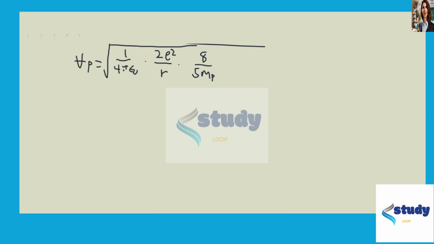I'm going to erase the edge of this so we can fit it in here.